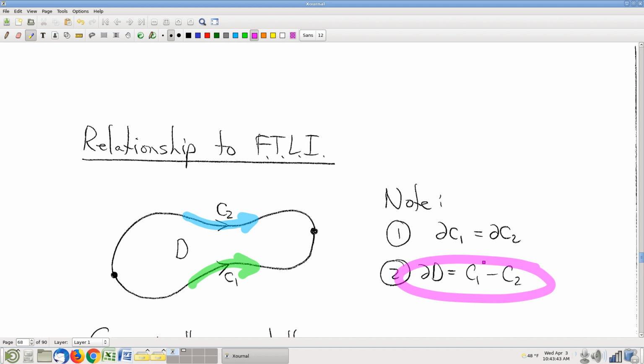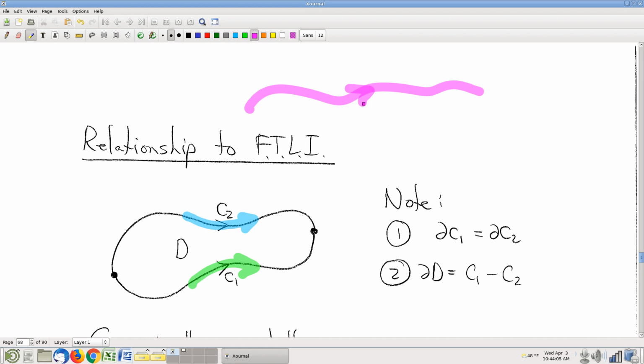So which is it? Are they going the same direction or opposite directions? The reason I bring this up, again, is for rhetorical purposes. The correct answer is that C1 and C2 are going in directions that can't reasonably be compared. They're different curves. You can't compare the orientation on this curve with the orientation on that curve. Are these two purple curves going the same way or opposite ways? It's a ridiculous question. They're different curves. So don't fall into the trap.